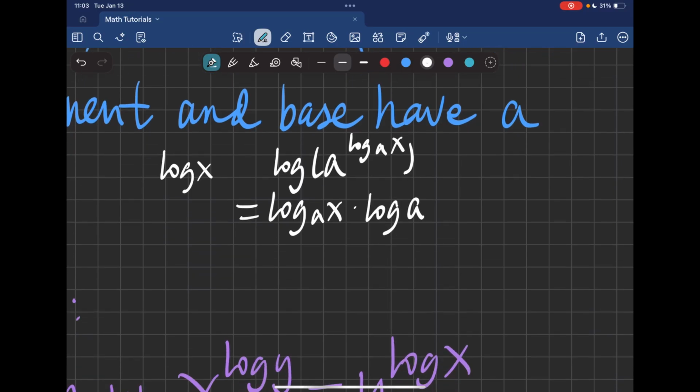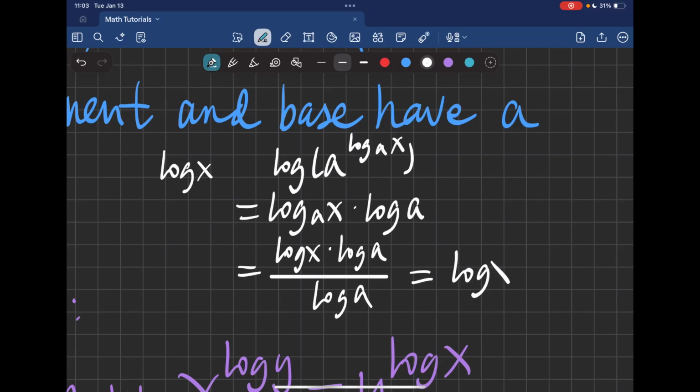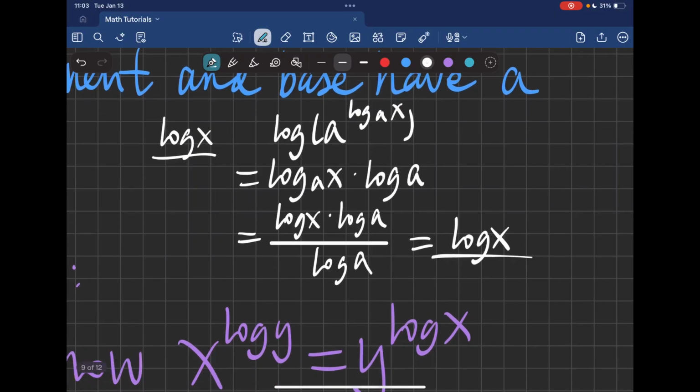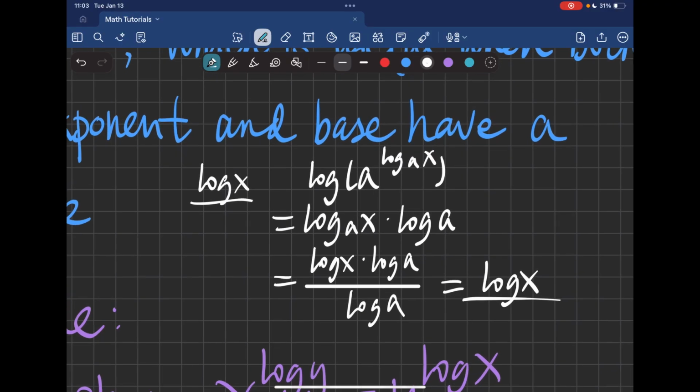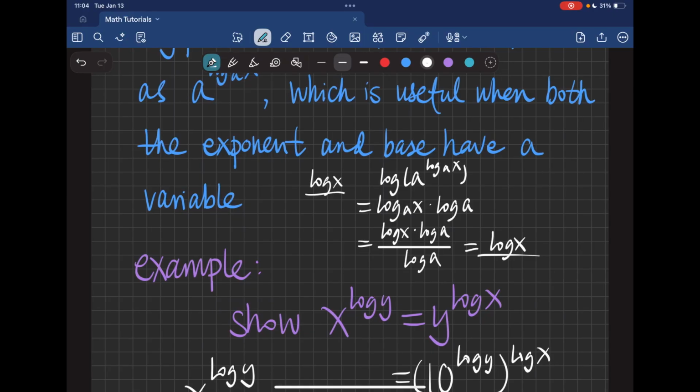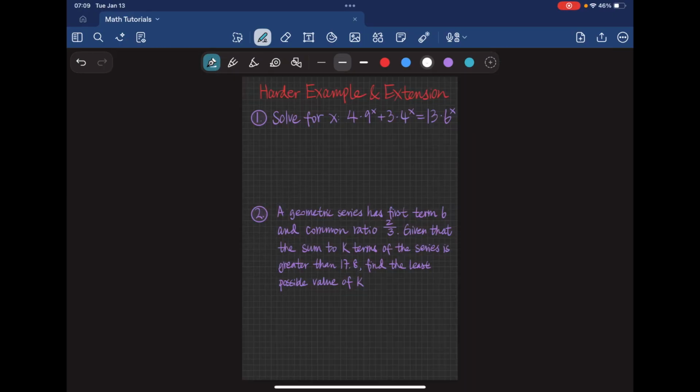So that means you have log x times log a over log a, which is equivalent to log x. So both will yield log x if you take log on both of them, and then they must be equal. So that's how it works, according to my understanding.